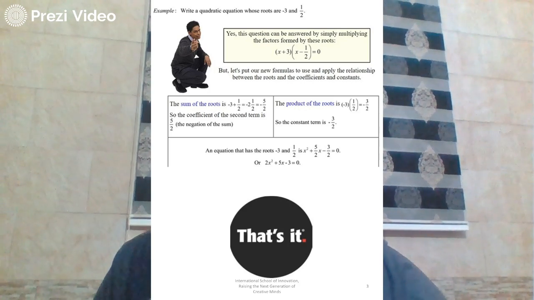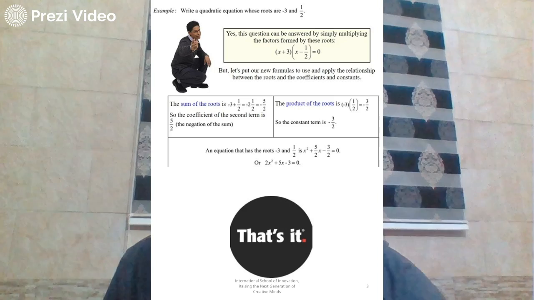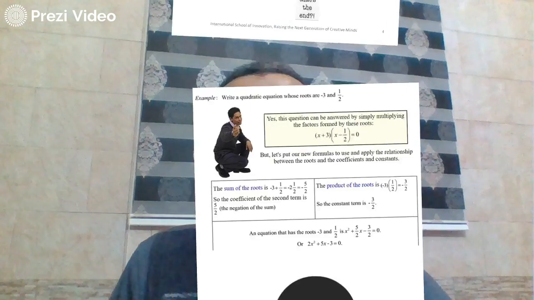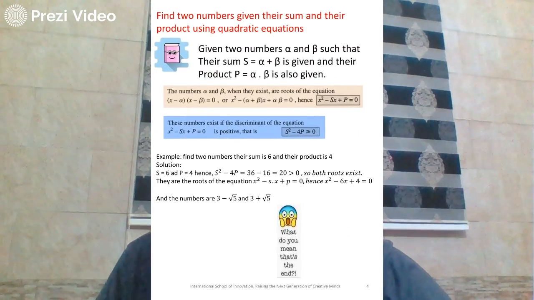First you have x1 and x2, you find the sum, you find the product, and the equation will be x square minus sx plus p equal to 0. This was the main idea: x square minus sx plus p equal to 0.